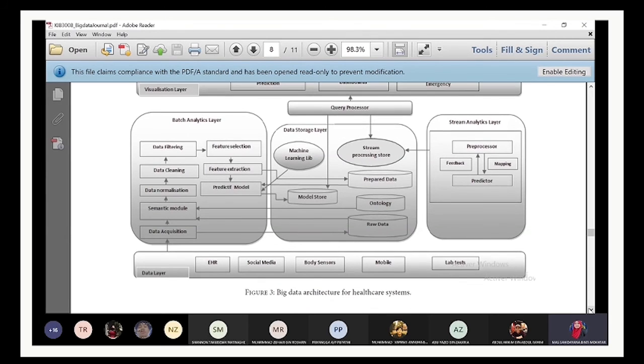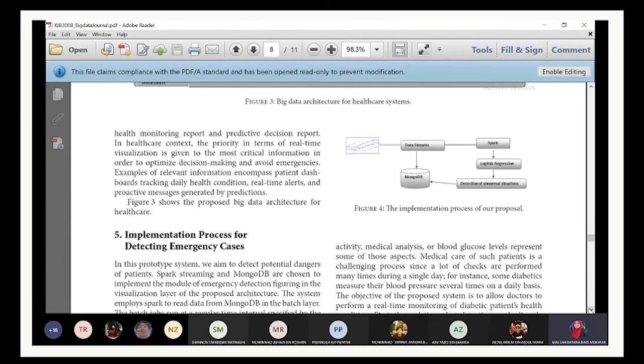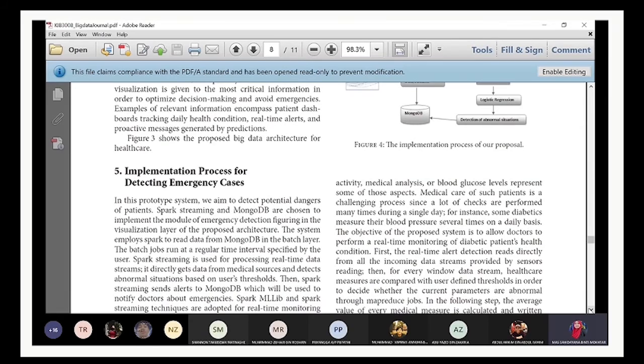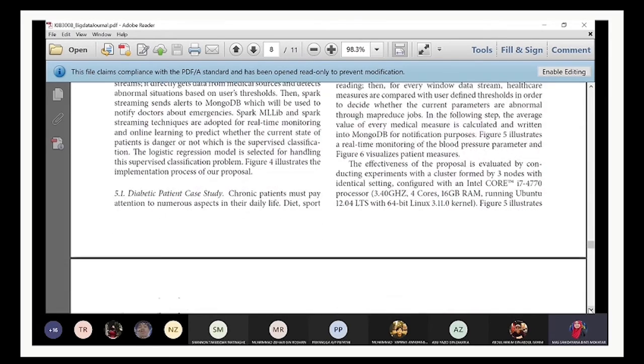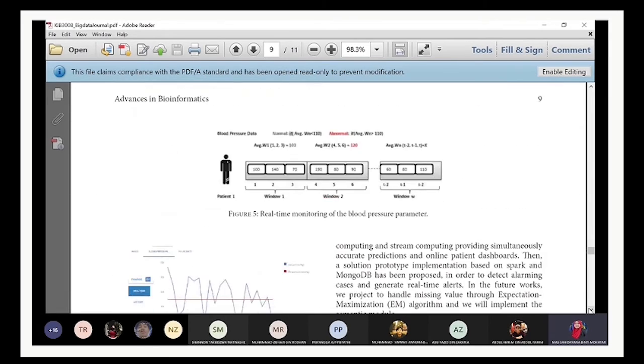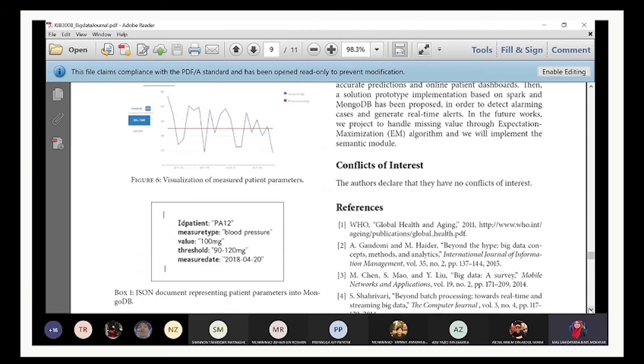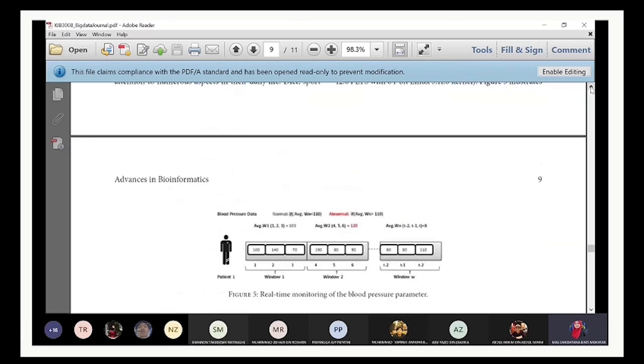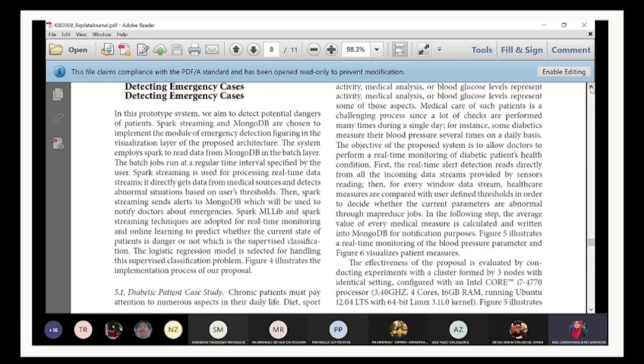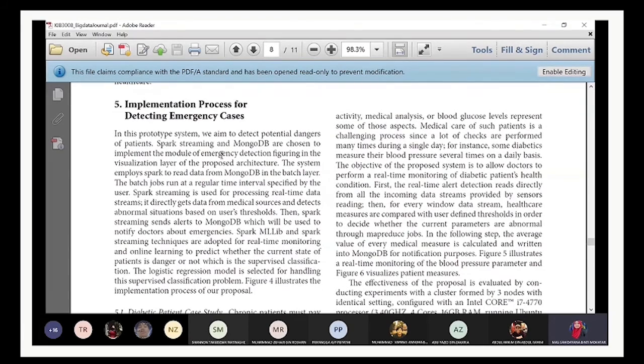Okay, so alright, we have one example. So this is the emergency model. Let's go through this example. The aim of this prototype is to detect potential dangers to the patient.